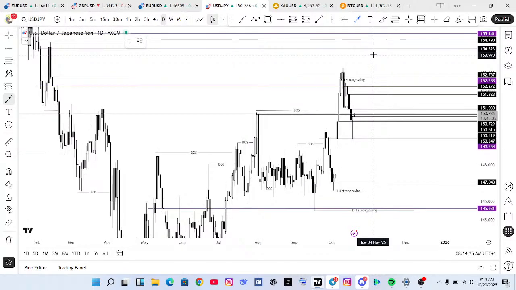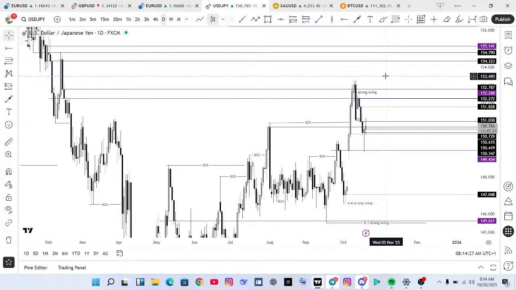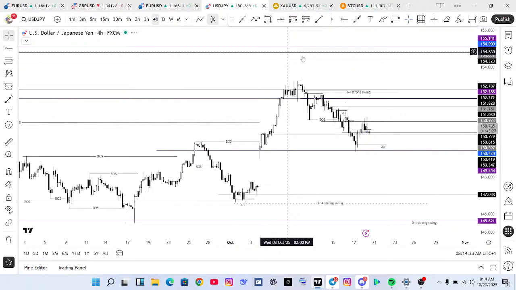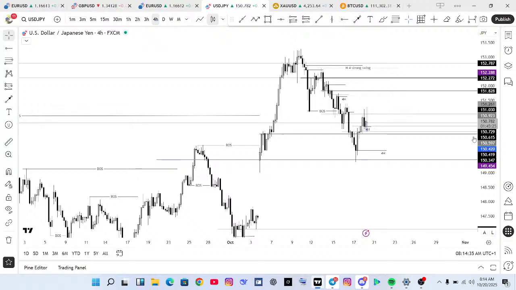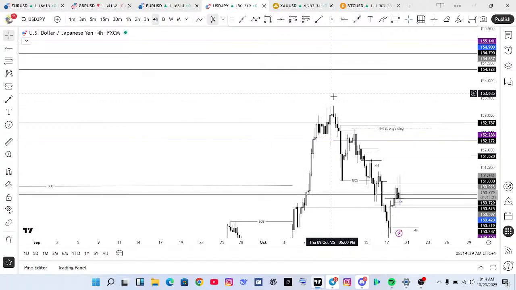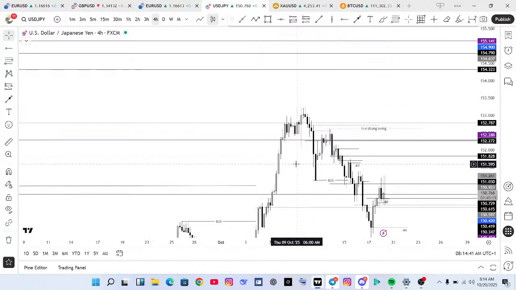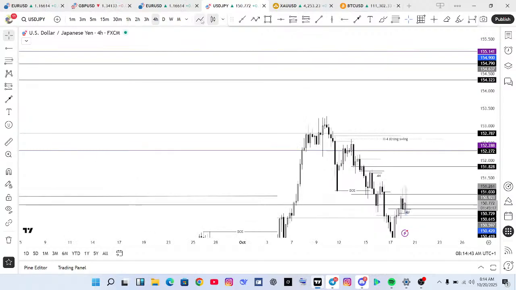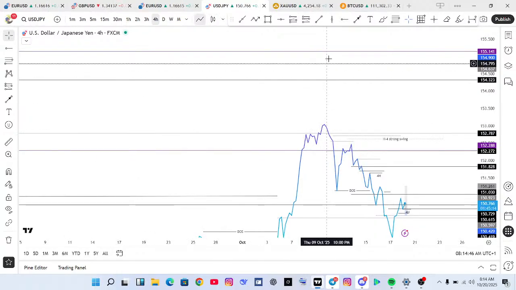Now UJ is bullish. When price came to this zone, I went down to my 4-hour to see if a storyline has started, to confirm that price is reversing. Now look at it. This is a break on a 4-hour, confirming that a daily bearish storyline has started.